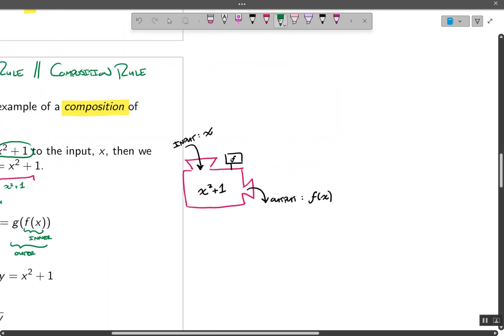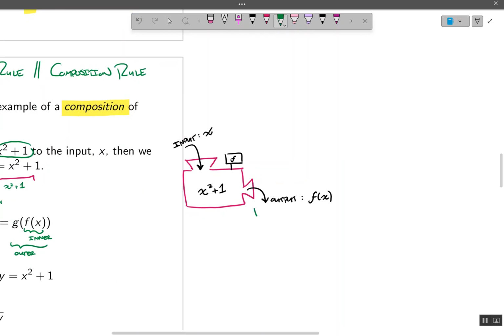We can chain this together. That's why we use the word chain rule. We can chain this function together with another function, and this one's going to have a name, right? This function is g.